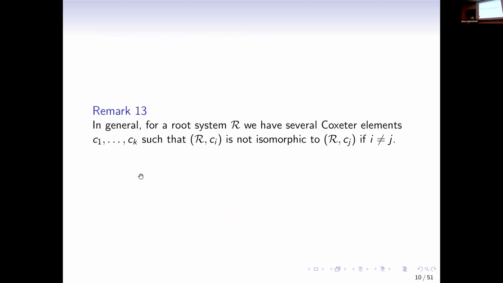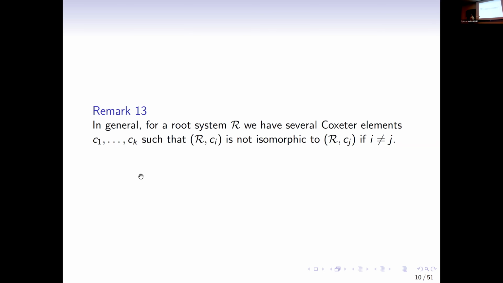Even for the finite D case, there are several in this sense. Today we will choose several Coxeter elements for the affine A case, a finite number of them up to equivalence.